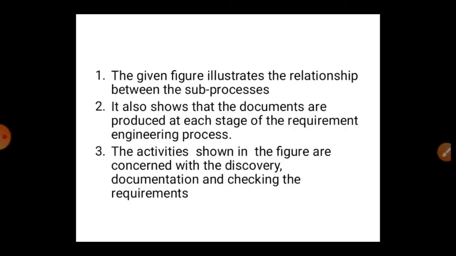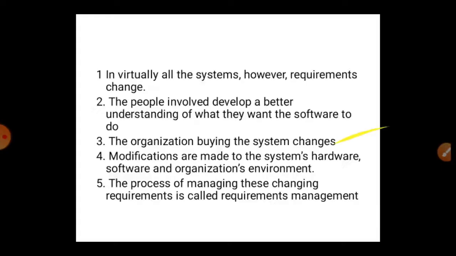The activities shown in the figure are concerned with discovery, that is elicitation and analysis; documentation, which is covered in the requirements specification; and checking the requirements, which is covered in the validation process.